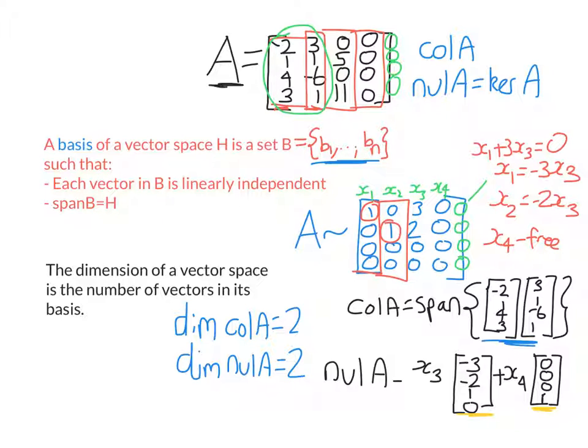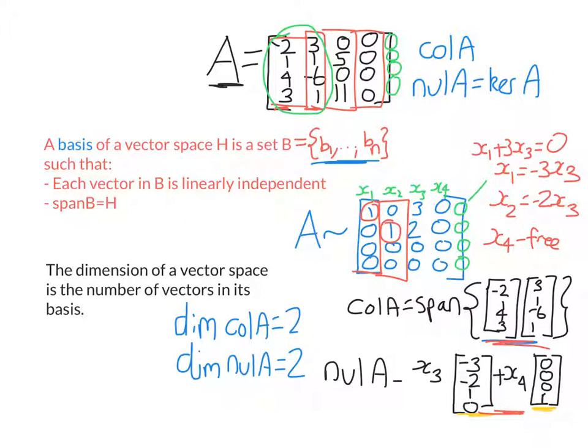So dimension here does have the same meaning as it does when you do area, because if you look at the vectors that are in the column space of A, if you look at all of them and you were to graph them or plot them, they would form a 2-dimensional plane as a subset of R4. Similarly, for the null space of A, they would form a 2-dimensional plane.